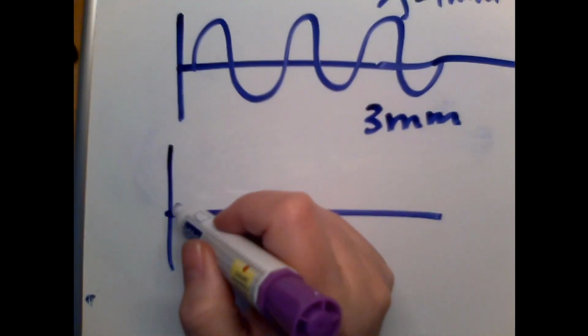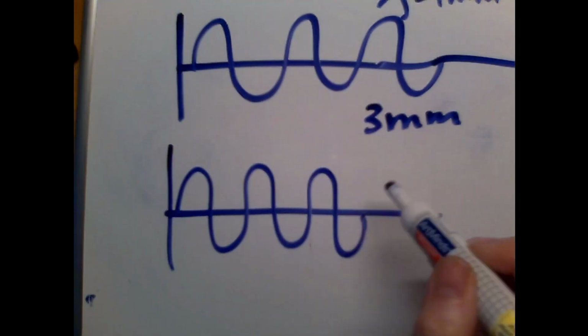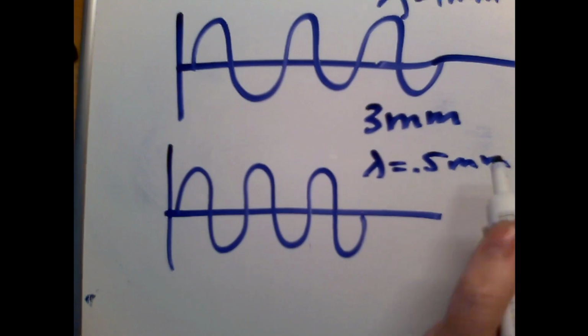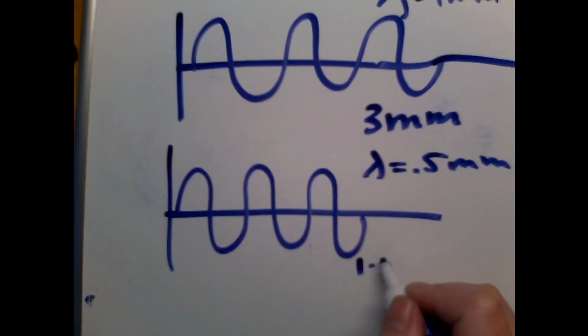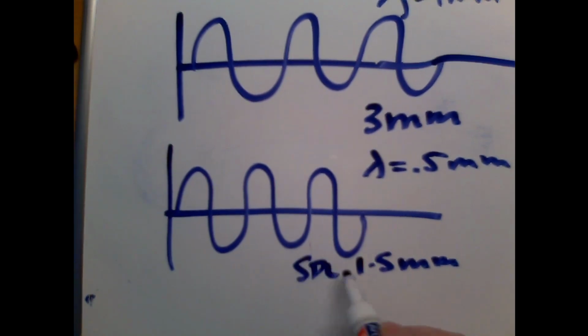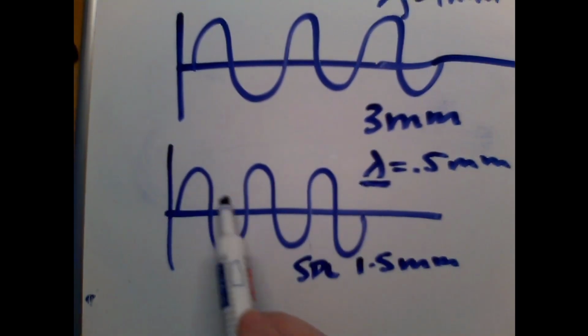Where if we have a pulse that maybe has wavelength equaling 0.5 millimeter, then the SPL on this one would be 1.5 millimeters. And all I'm doing is taking that wavelength, counting how many cycles are in the pulse, and then multiplying it out. So we can see then if the wavelength is long, then the SPL will also be long. So they are directly related.